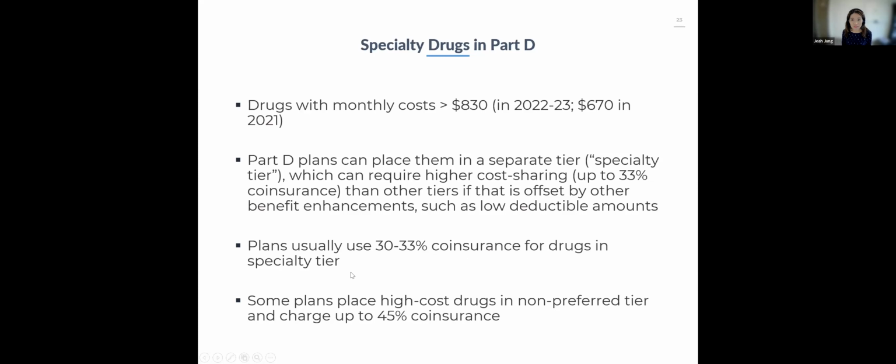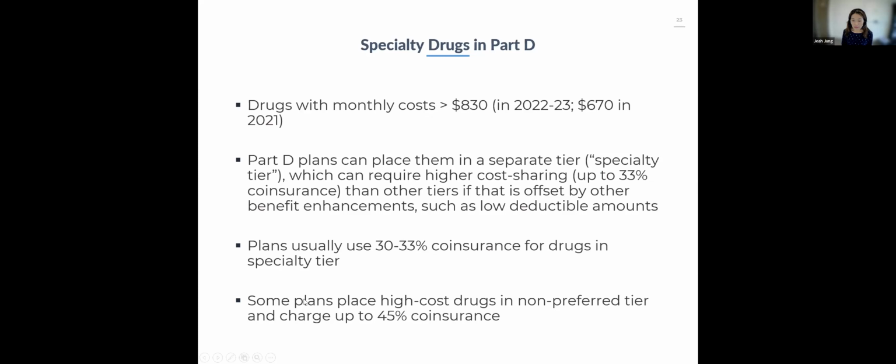But now it's somewhat tricky. So the specialty tier is usually considered a really higher cost sharing tier. But you know that some drugs are really expensive these days, right? This is somewhat not meaningful because some drugs can cost $1,000 or tens of thousands of dollars per month.